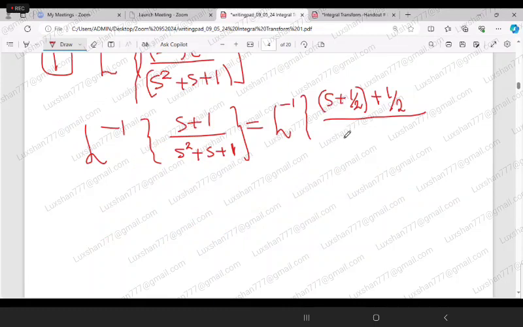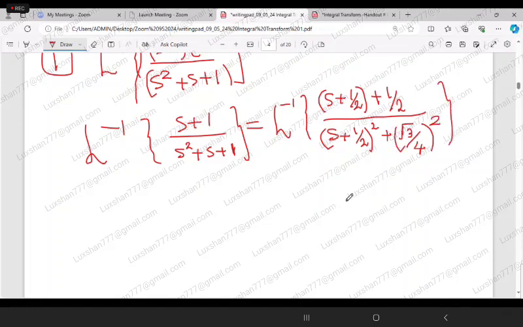I'm writing the denominator as (s plus half) whole squared plus, when I expand this one, I get s squared plus s plus 1 over 4, so the remaining is 3 by 4. So I'm writing this as (square root of 3 over 4) whole squared. I can write this way.